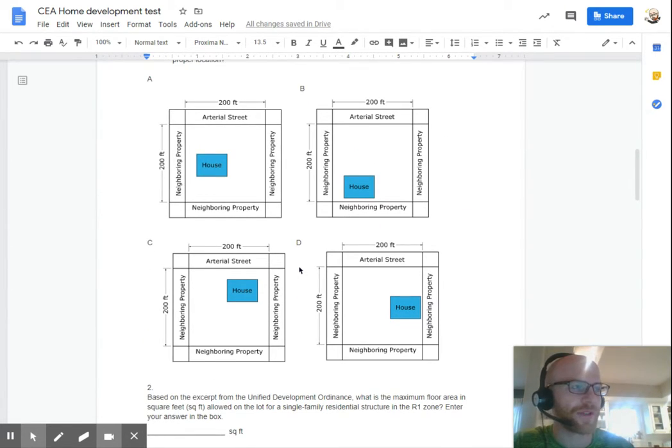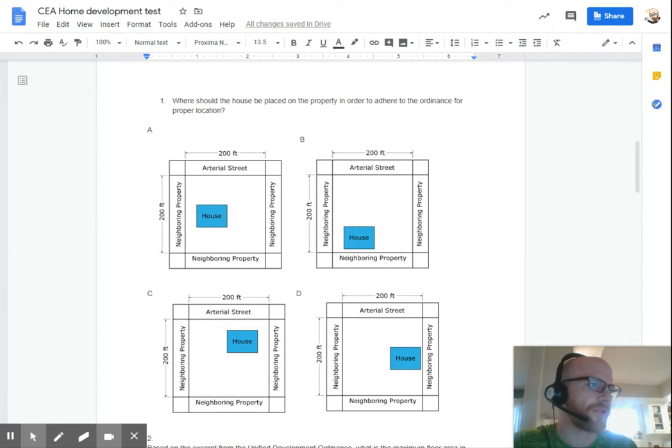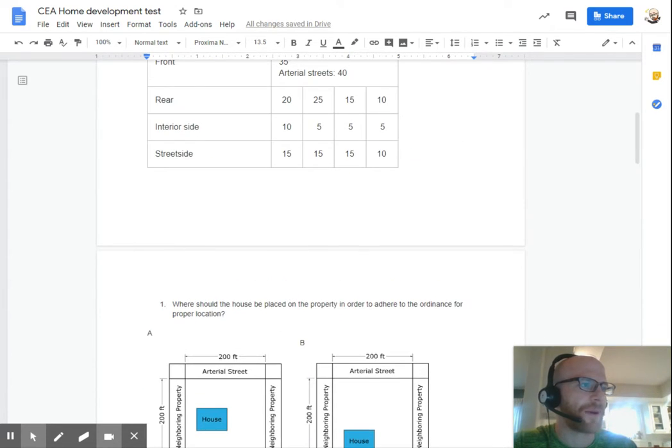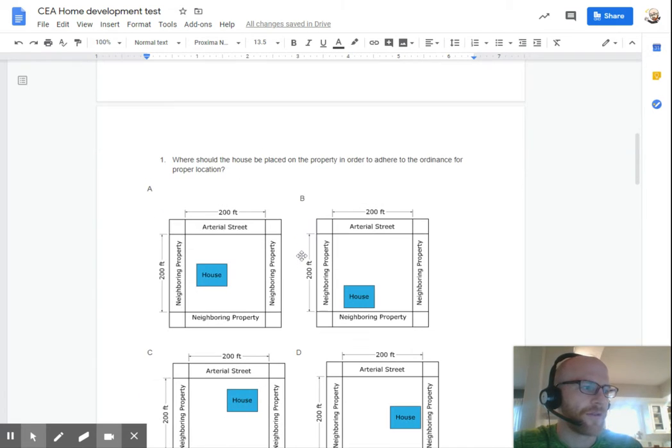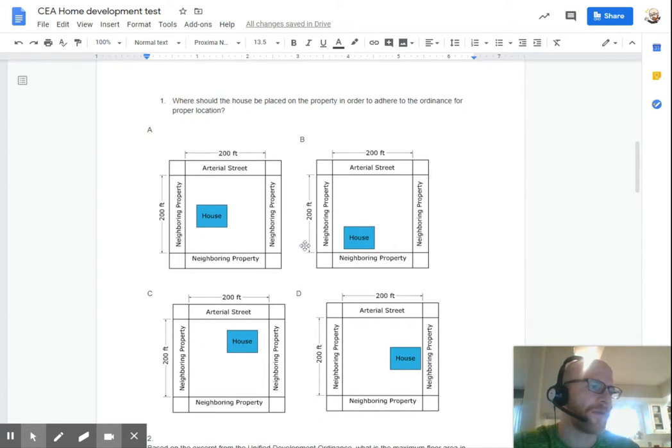The arterial street is like the main thoroughfare that's going to be having all the cars, and the neighboring properties are just neighboring houses. Based on the information in the chart, where should the house be placed on the property in order to adhere to the ordinance for proper location? One of them is going to stand out more than the others.